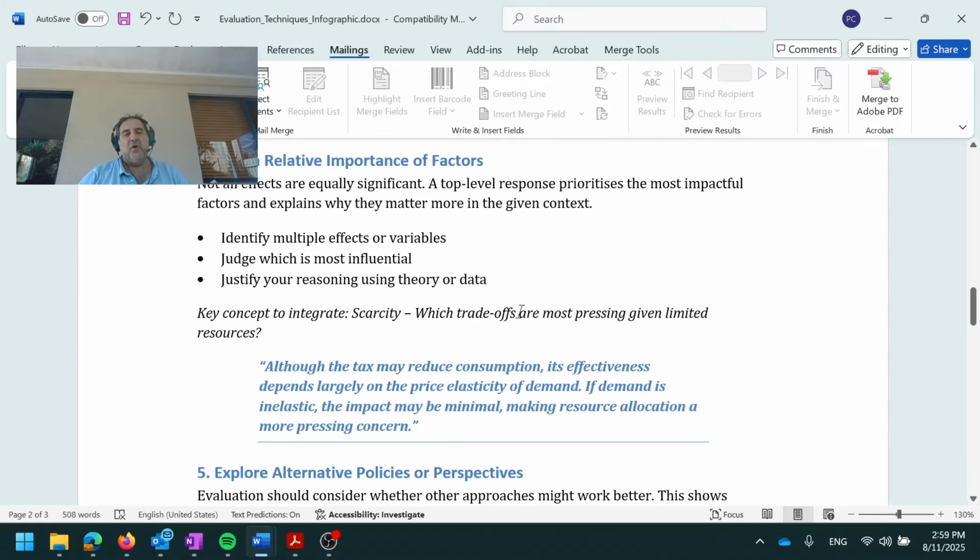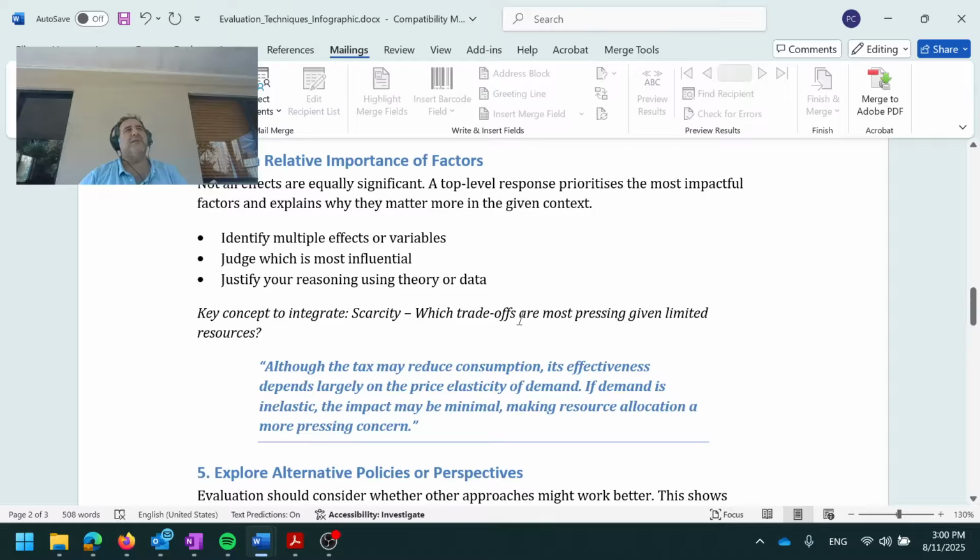Now, number 4. If you think of when we taught you CLASP or VSLAP, the P stands for prioritise. So weigh up the relative importance or significance of certain benefits or costs.